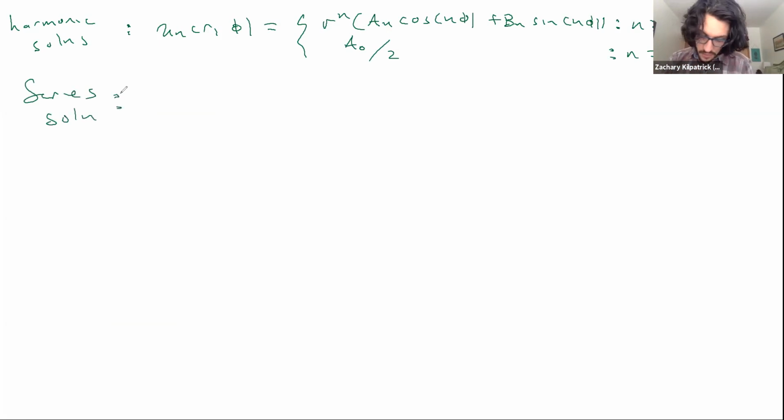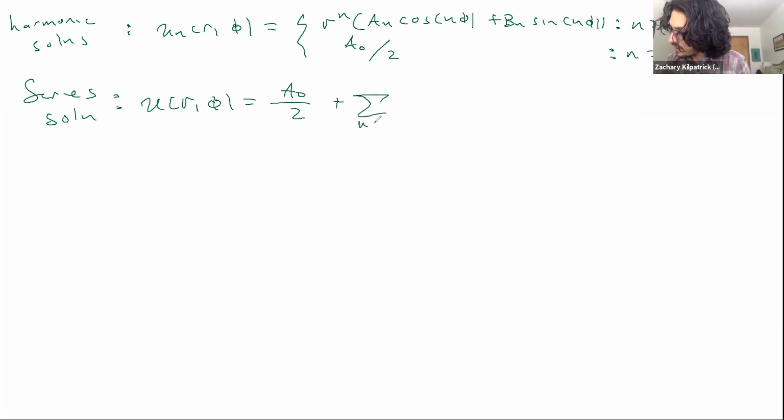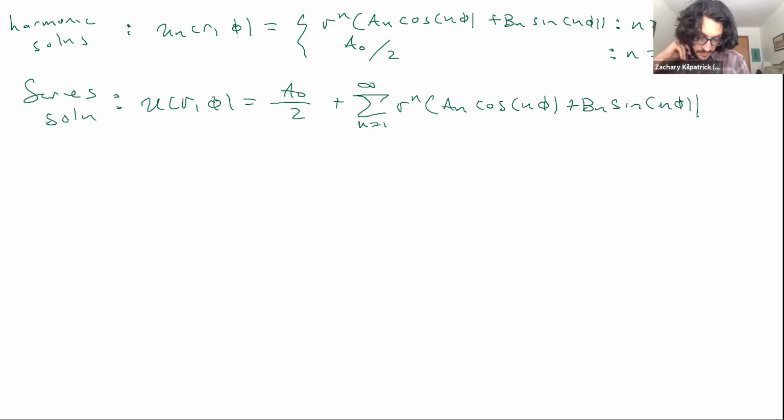So our series solution then is going to be, in total, a 0 over 2 plus the sum from n equals 1 up to infinity, r to the n, a n cosine n phi plus b n sine n phi. And with this, I can now satisfy my boundary condition.